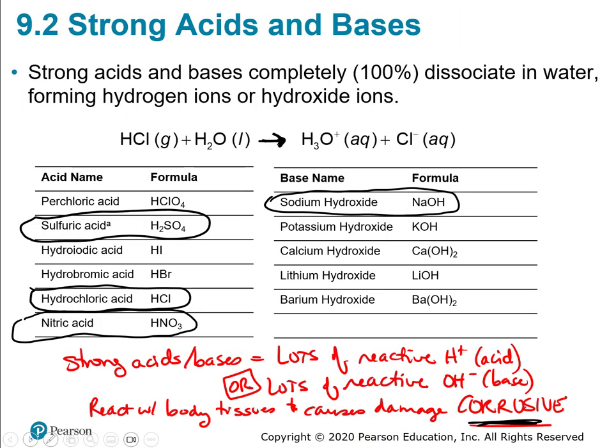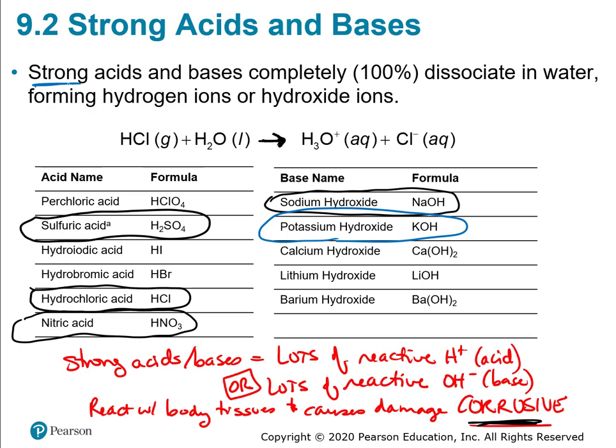So then I gave you a couple of strong acids, ones that you've seen in lab, like sulfuric acid, hydrochloric acid, and nitric acid. Those are three that we used over the course of the semester. Sodium hydroxide is a strong base. Potassium hydroxide is another one, so NaOH and KOH are two strong bases. Remember, if it's strong, that means it's a strong electrolyte.